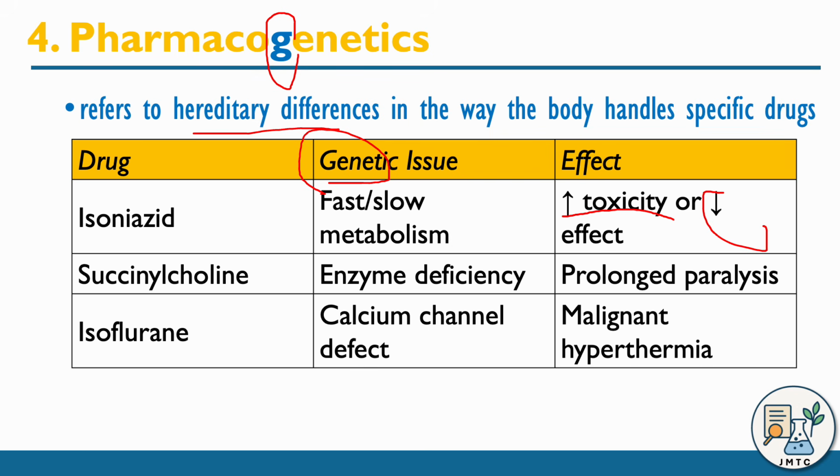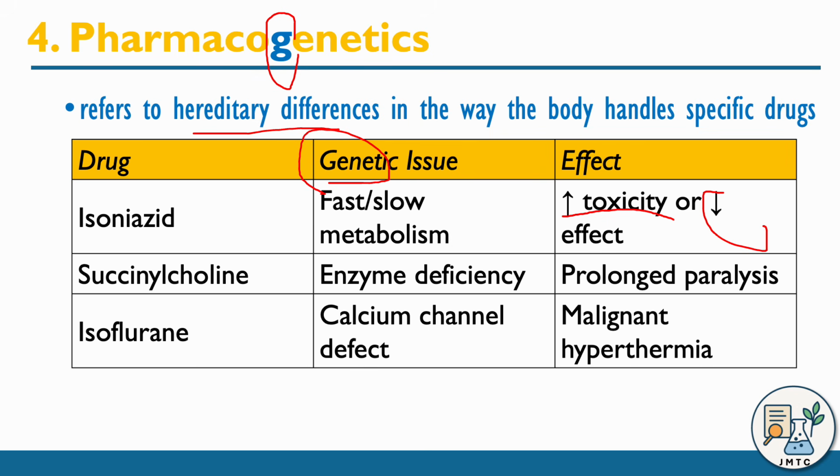Next, drug example natin dito is succinylcholine. What normally happens is it causes short muscle paralysis. So, the patient breathes again in minutes. Mabilis dapat siya. But in some people, the enzyme that breaks it down is not normal.